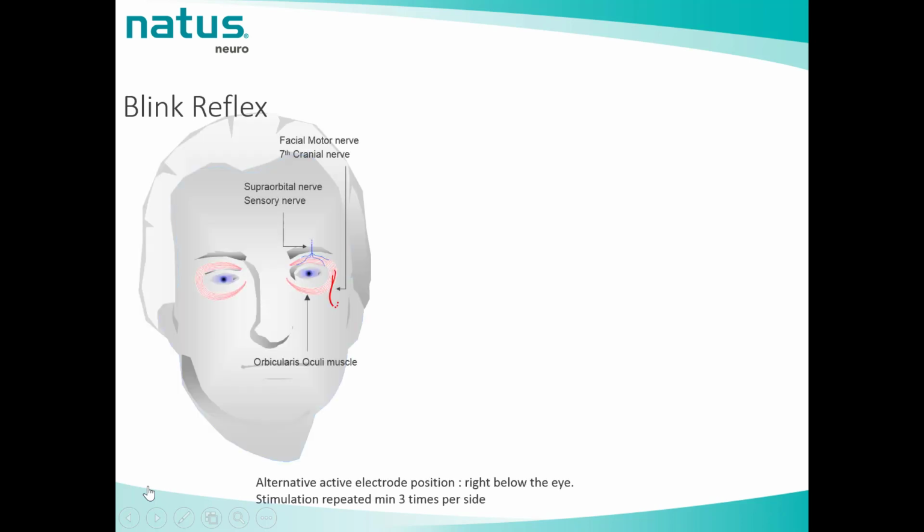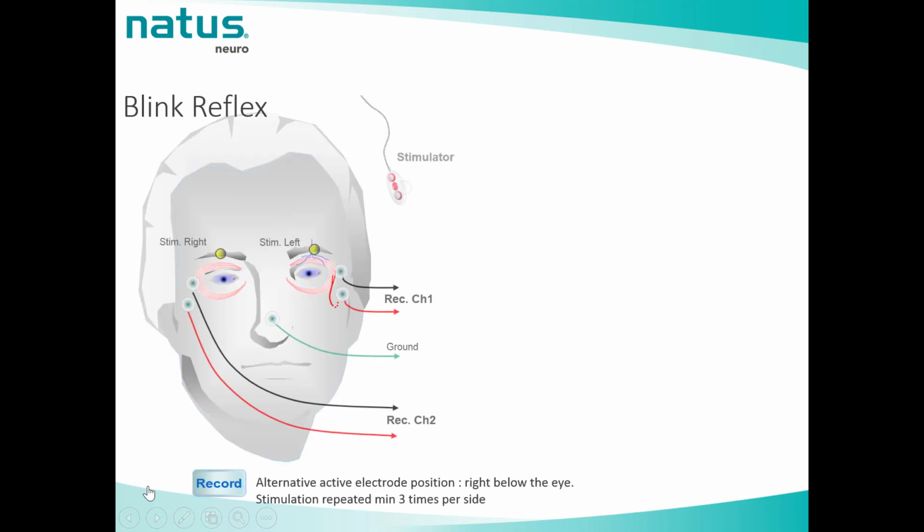Regarding the positioning of the electrodes, the active electrode can be placed on the lateral part of each eye, and the reference will be placed 2 centimeters below. One may use adhesive electrodes or cup electrodes to do the recording.